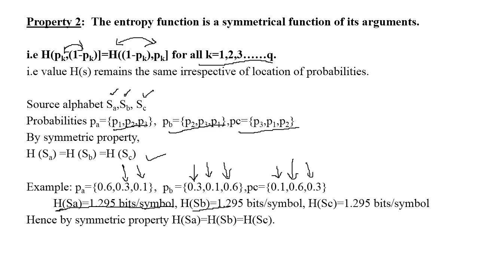Similarly, the entropy of the second source will be the same, and the third source, SC, will also be the same. So as per the symmetric property, when finding the entropy of a source, we can interchange the probabilities, but the entropy value will not change. So the entropy function is a symmetric function of its arguments.